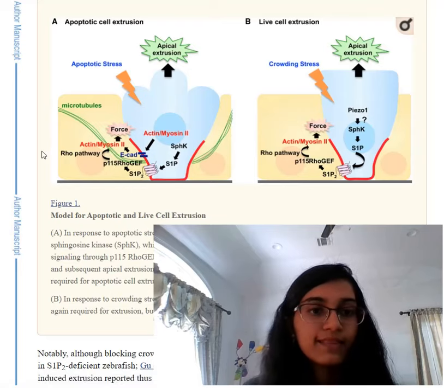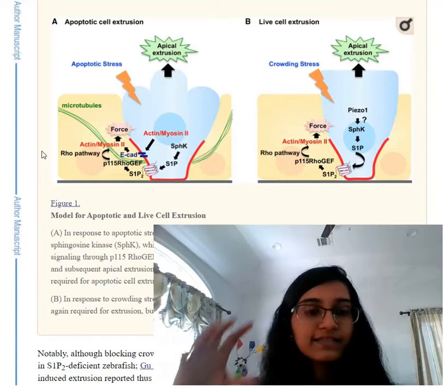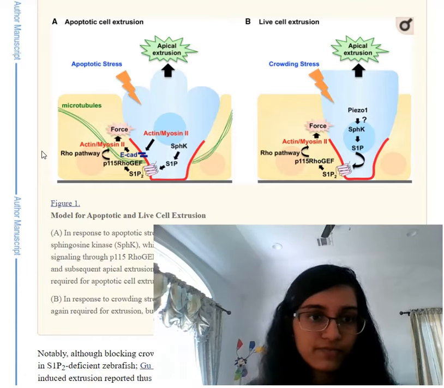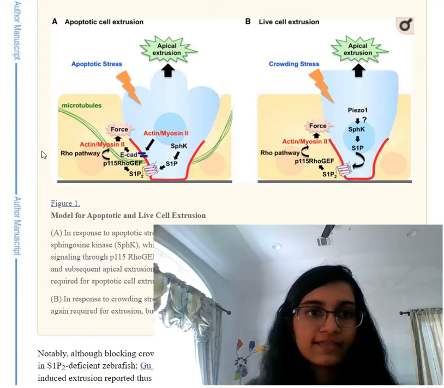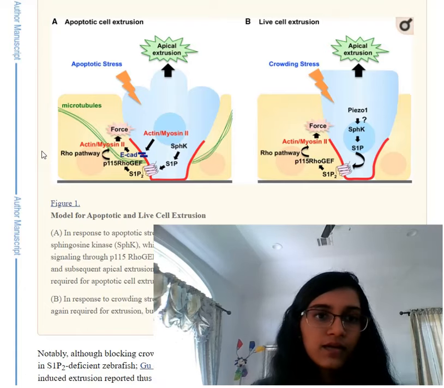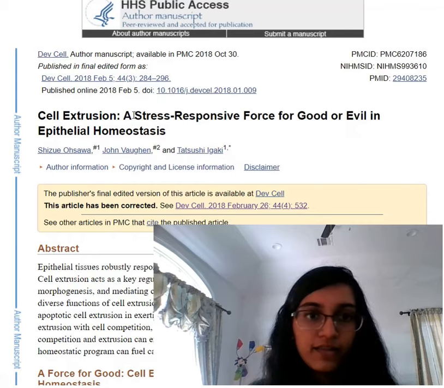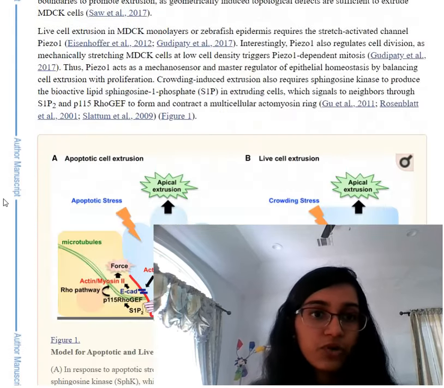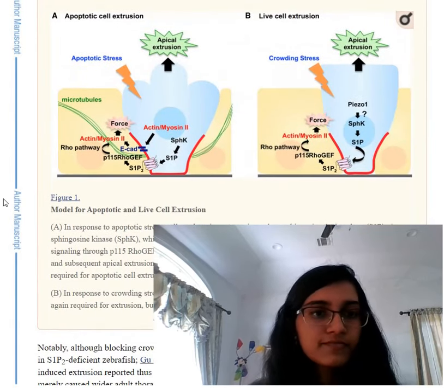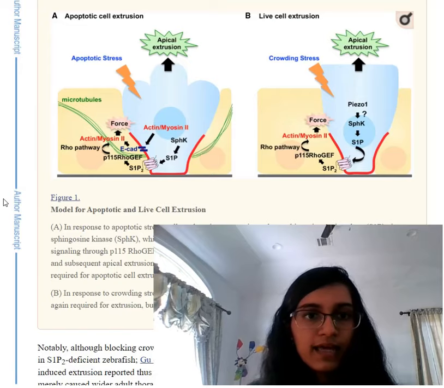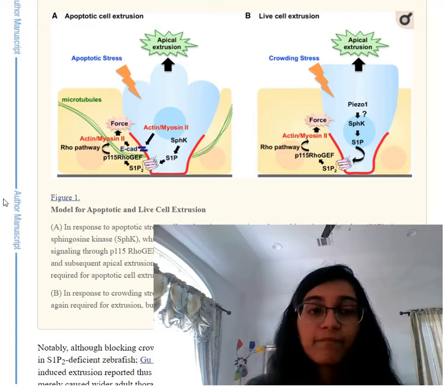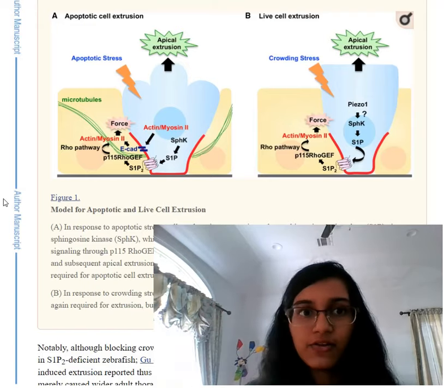The Rho pathway then leads to actin and myosin contraction, and this produces this apical extrusion by creating this force, as we saw in the title, this stress responsive force that they were talking about. And okay, that makes sense. But that is for apoptotic cell extrusion.